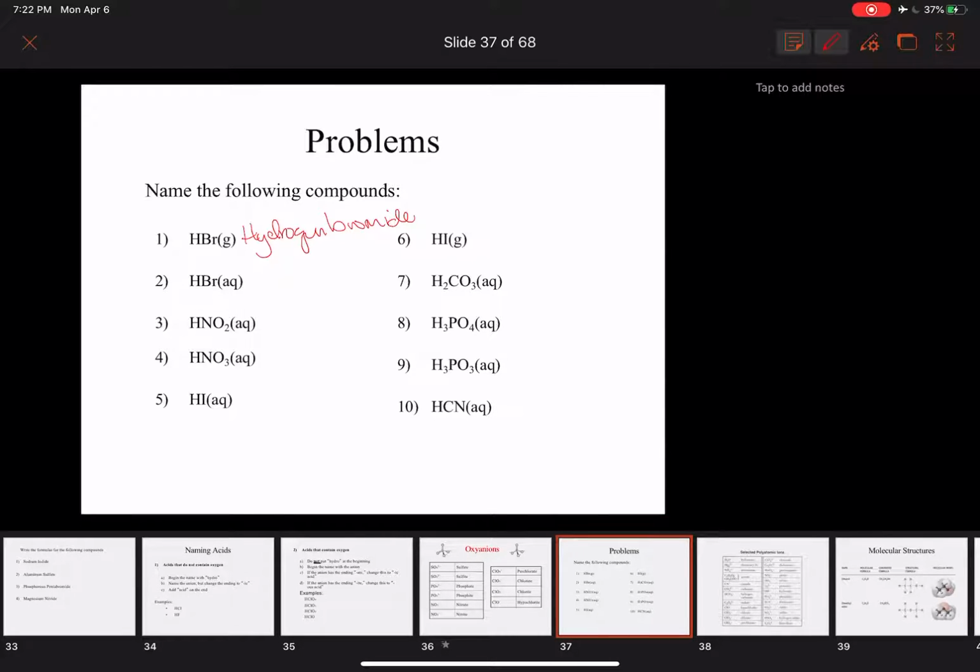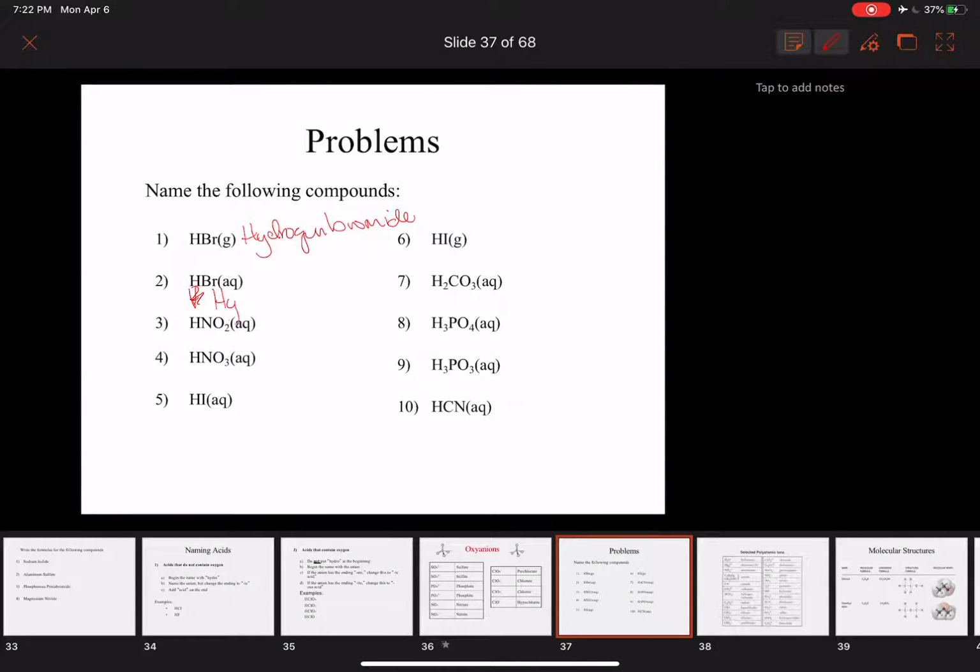And then number 2 has the AQ in parentheses. So that's telling you this is the acid version. So we look at it and we go, okay, this is an acid because she just told us an acid, and we're in the acid section, so we have to name it. And it does not have oxygens. So when it does not have oxygens, I want to start the name with hydro. So I have, oops, my writing isn't that great today.